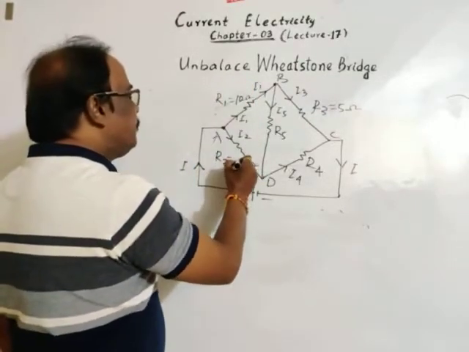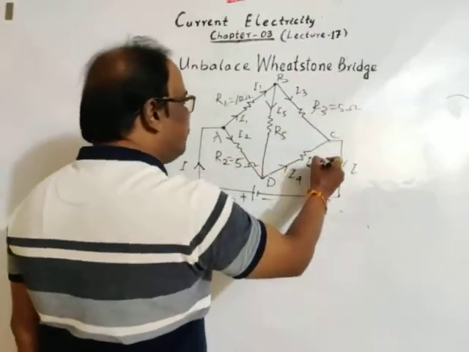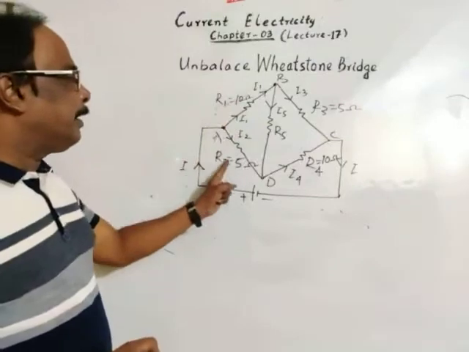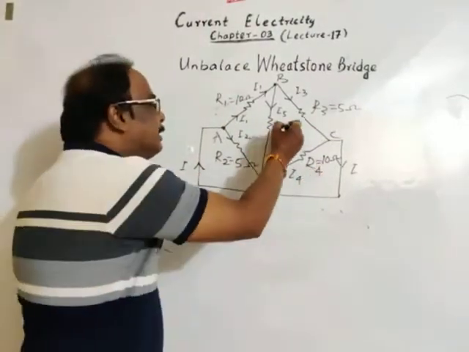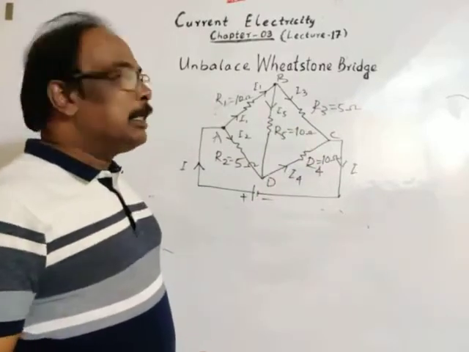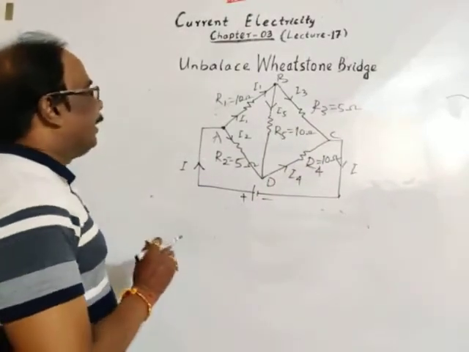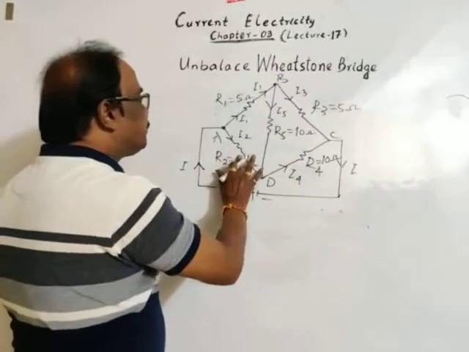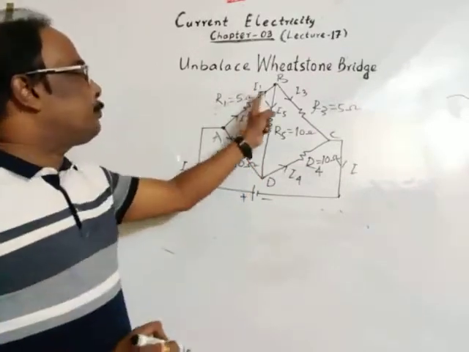This is 10 ohm, this is 5 ohm, this is 5 ohm, this is 10. Or you may take here 5, 10, here 10, 5. Like this resistance is 10. This is unbalanced. If you take this is 5, this is 10, and this is 5, this is 10.